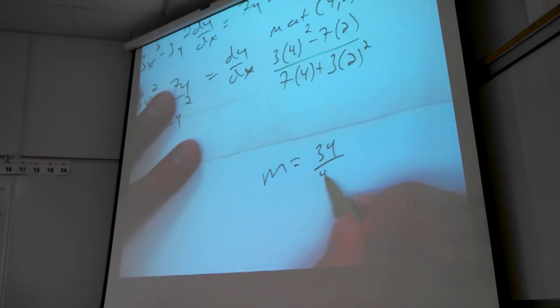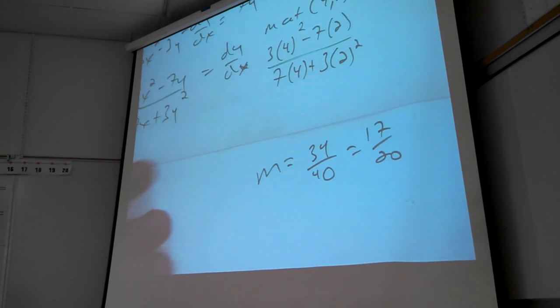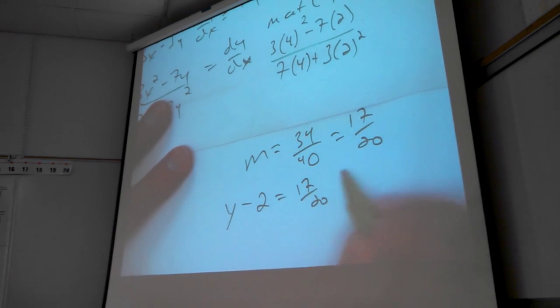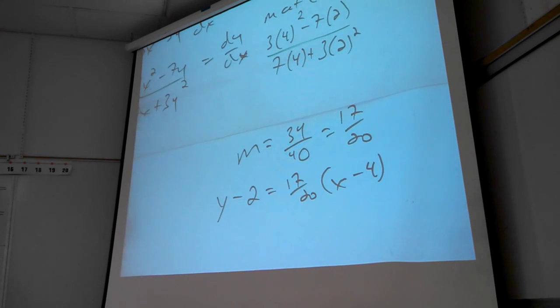Right? So 17 over 20. And then how do I get the equation? However you want to. Just plug in the point, plug in the slope. There should be plenty of these in the homework to remind you how to do it.